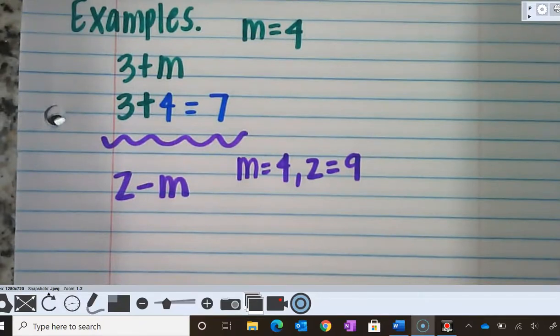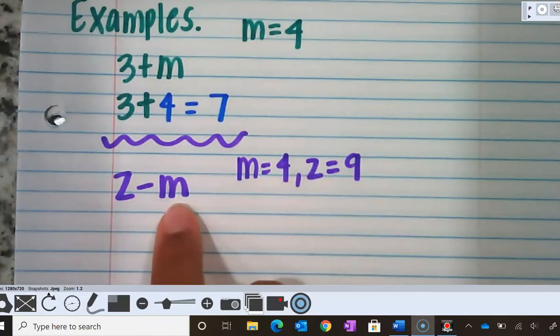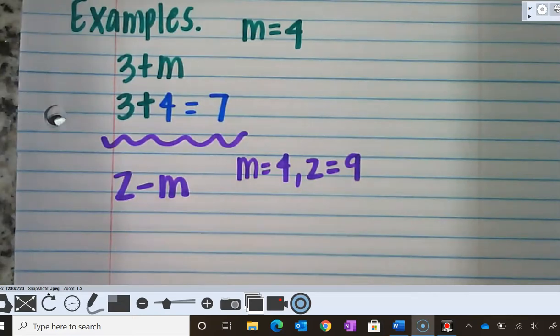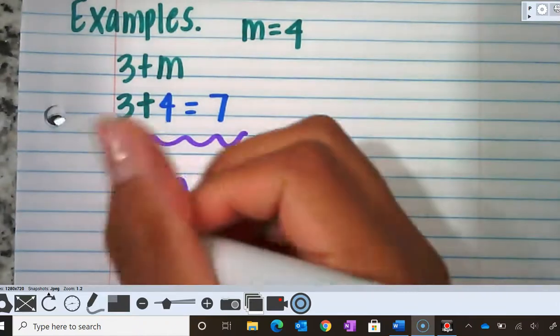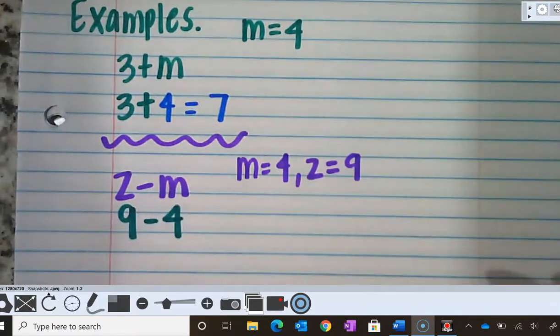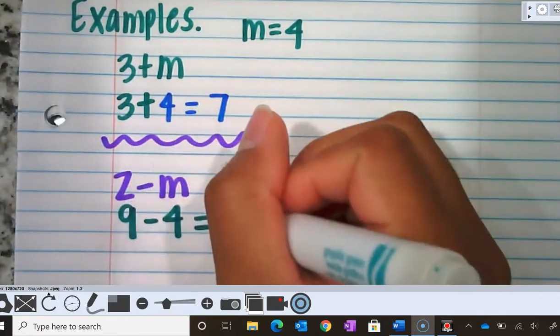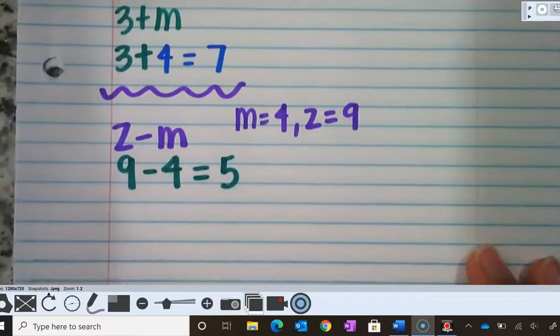We're just going to replace them. We're going to substitute z for 9 and substitute the m for 4. So we're just going to replace these values with the numbers that we have in our substitution. So z is equal to 9 and m is equal to 4. So 9 minus 4 is just 9, 8, 7, 6, 5, 5. All right, that's simple enough with adding and subtracting.